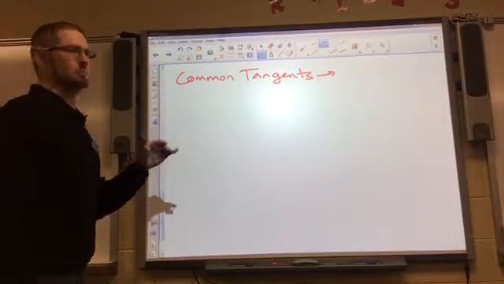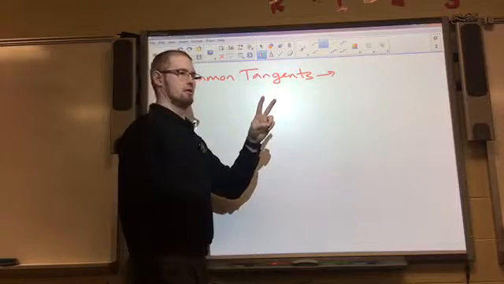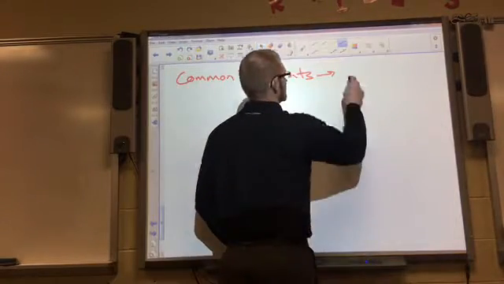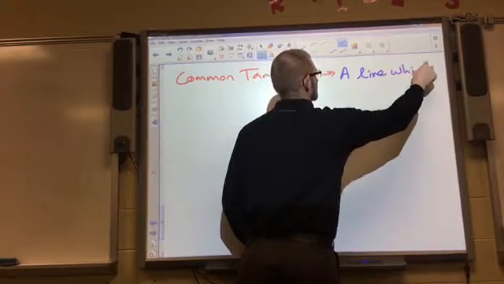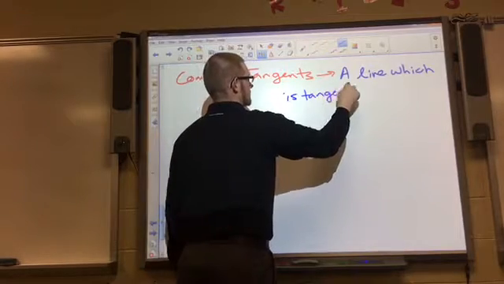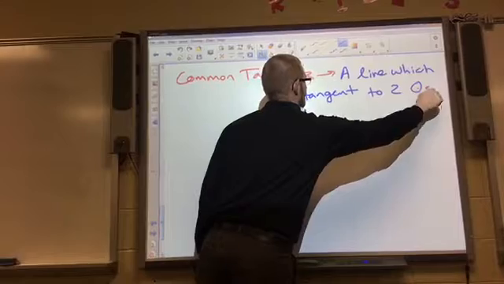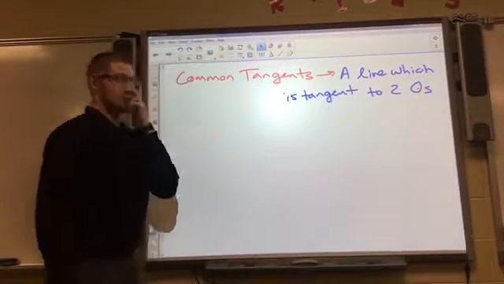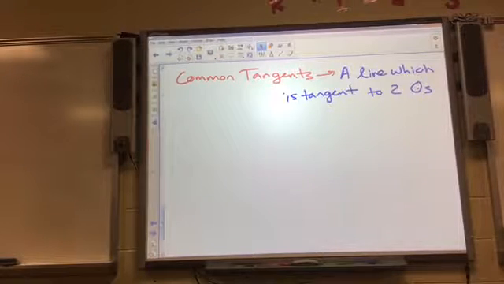Right, so it's going to be a line which is tangent to two circles, right? A common tangent or common tangents is going to be a line or lines which is tangent to two circles. Okay.